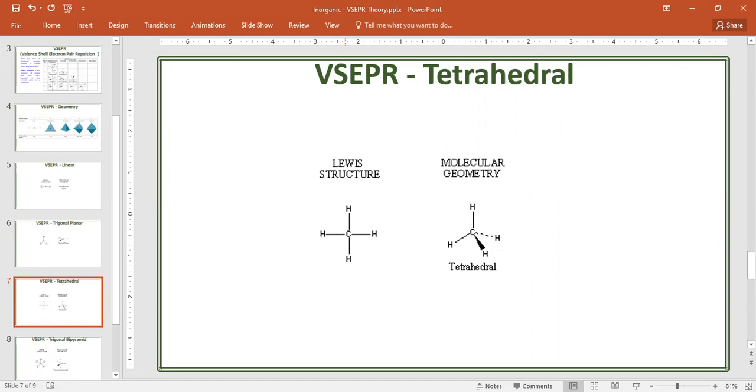If we let this system expand into 3 dimensions, however, we end up with a tetrahedral molecule in which the hydrogen, carbon, and hydrogen bond angle is 109.28 degree. So that geometrically looks like this.